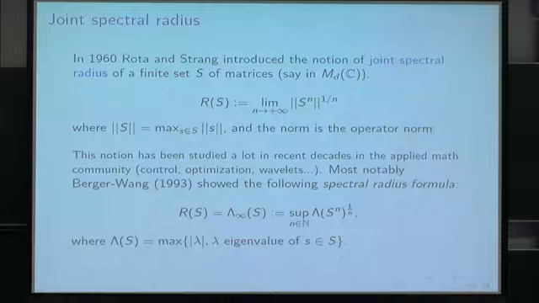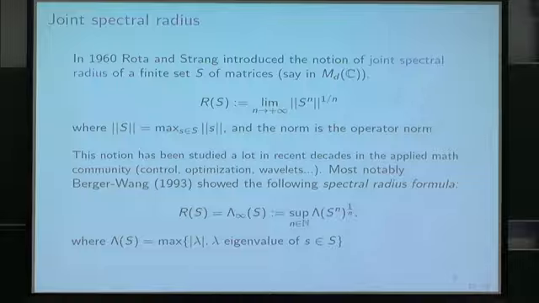This notion has been studied a lot in recent decades, in connection to wavelets, and there is really a lot of literature on this in the applied math community. But most notably, Berger and Wang showed in 1993 the following spectral radius formula.